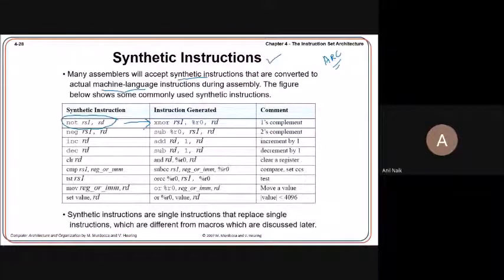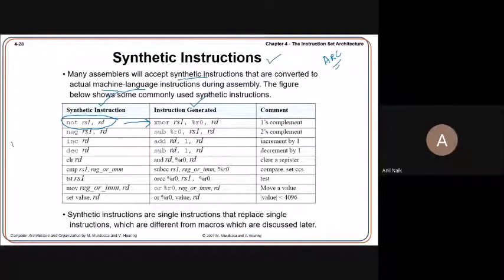This is the original synthetic instruction, and it will be converted into the machine language instruction. What operation does it do? Take the first instruction, NOT RS1, RD.